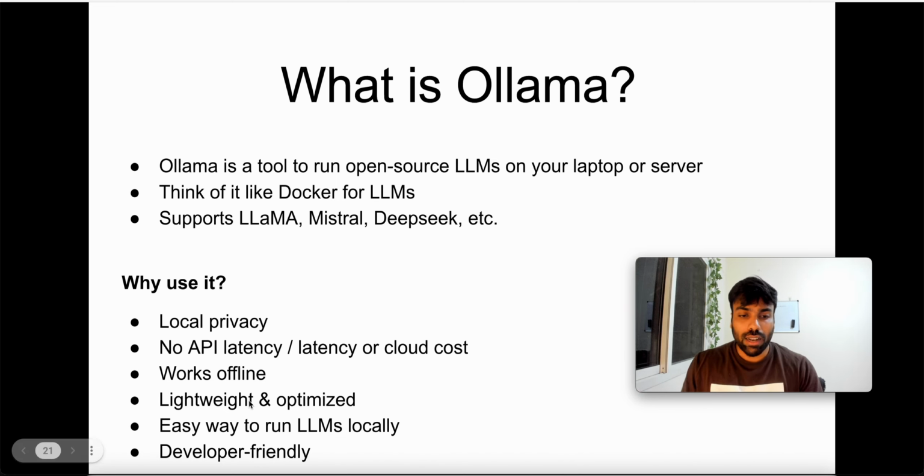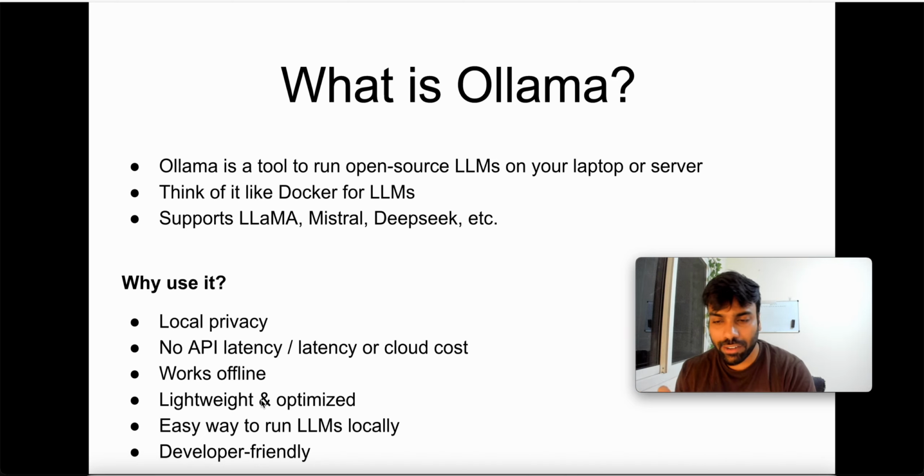The fourth one is lightweight and optimized. It will be quick and fast. It will be an optimized version of the model and will not host the complete LLM, so it is lightweight in terms of memory and size. And optimized, like you can optimize it for some specific task, which I will explain later.